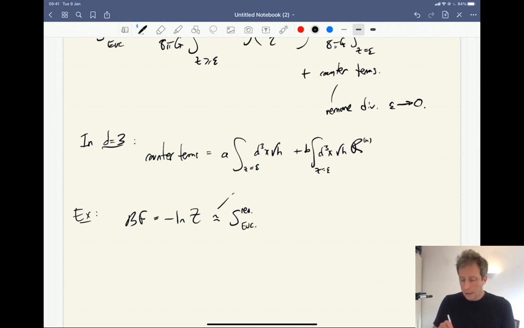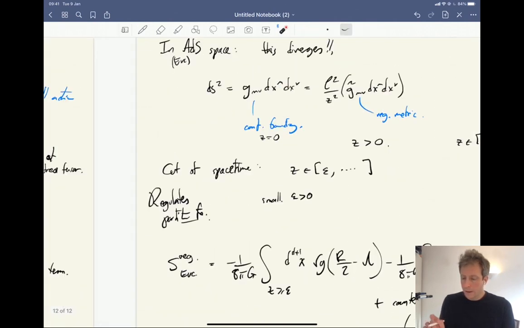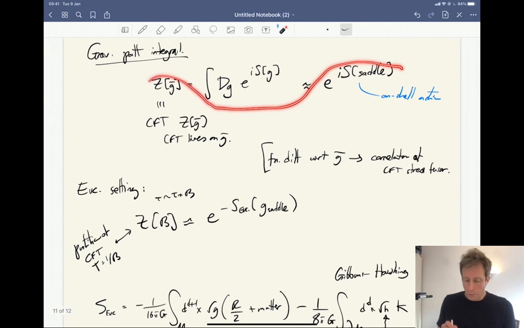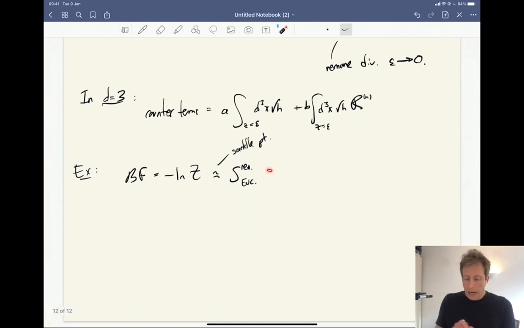So this is using the saddle point. Taking the log of this, I just get minus the Euclidean action. And so if I calculate this, that should allow me to calculate the free energy.